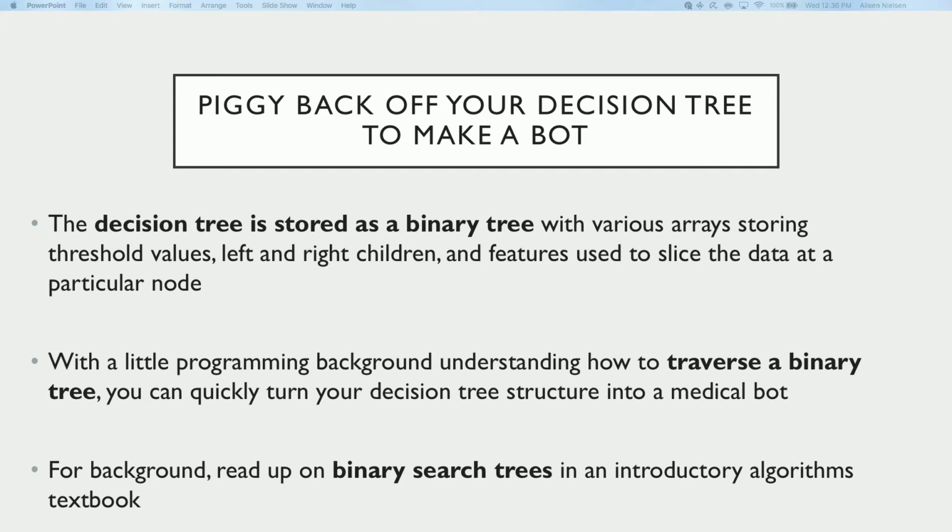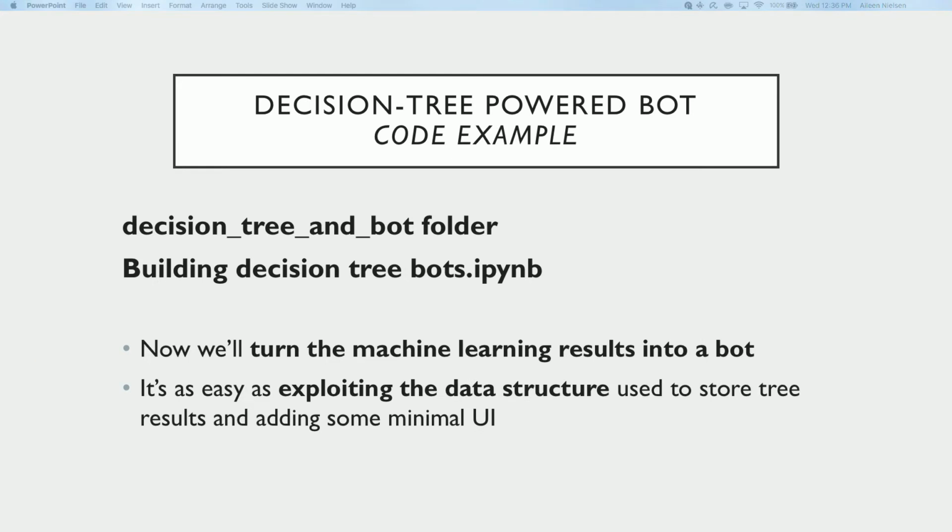That's not something I'm going to cover, but you will see it in the code we're about to discuss. So we're going to look at taking that decision tree we just built very, very quickly, in a matter of seconds with a basic data set, and we're going to turn this machine learning result into a bot. What's really nice about that is we're just going to use the existing data structure and slap some very minimal AI on top of it, and we technically have a chatbot already. So let's take a look at that code.